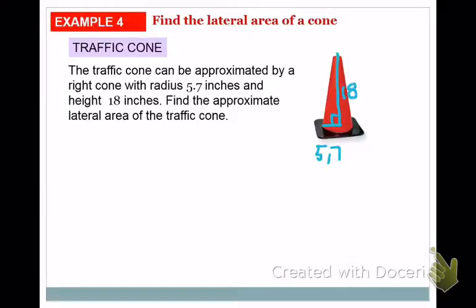There's your height of 18. What do I need to know to find the area of the lateral face? Okay, so look back at your formula for cones. There's two parts, which part represents the side? What formula would you use for just the area of the side?